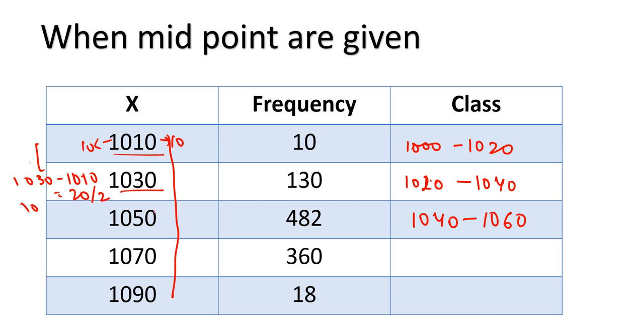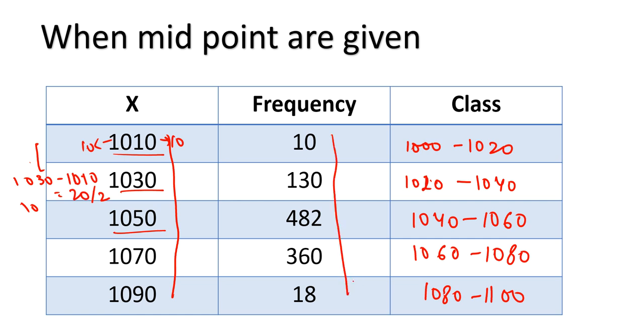Again subtracted 10 and added 10. Then again for this interval it becomes 1060 to 1080, and this becomes 1080 to 1100. So these are our classes, these are our respective frequencies, and we can now simply plot our histograms using our classes and our frequencies.